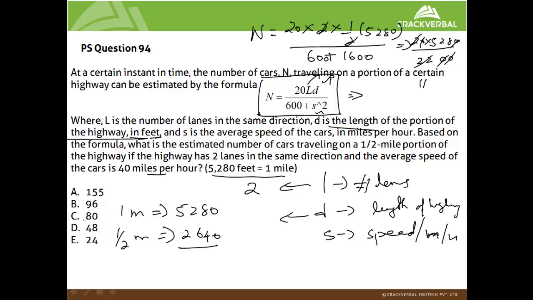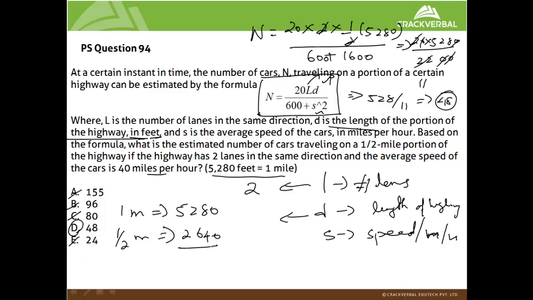So we can eliminate A, B and C. D and E: 24 is quite low compared to 550, so the answer has to be D, which is much closer. Otherwise you can just divide and check. 528 divided by 11: 11 times 4 is 44, 58 minus 44 is 8, so 88, so it gives you exactly 48. Answer has to be D, 48.